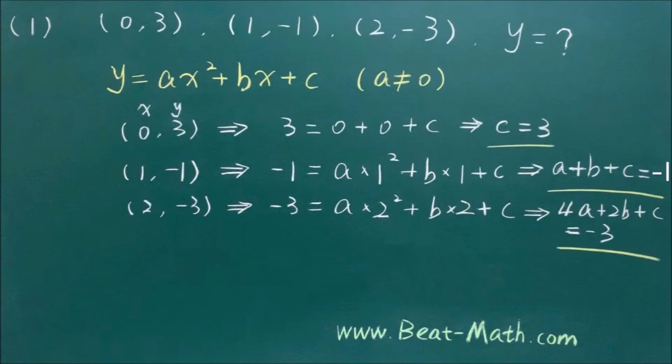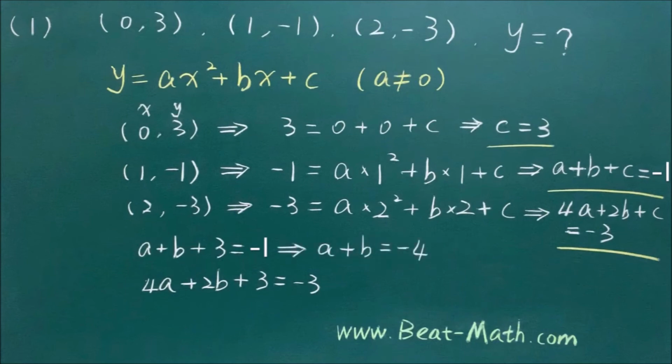Now we get the following equation system: c equals 3, a plus b plus c equals -1, 4a plus 2b plus c equals -3. Next we plug c equals 3 into the other two equations and get a plus b plus 3 equals -1, and 4a plus 2b plus 3 equals -3. These equations can be simplified into a plus b equals -4, and 4a plus 2b equals -6.